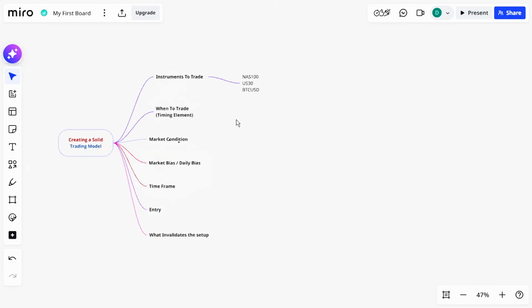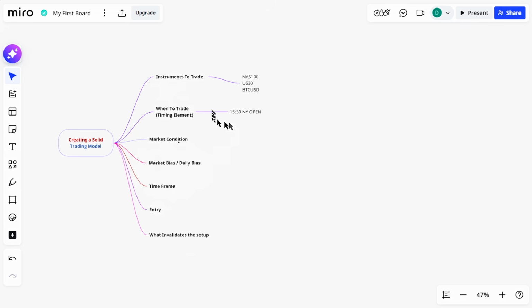That's why I said in the first place, pick instruments that you are going to stick to and understand everything about them, including the timing element, which is exactly where this part comes in. You've got to know exactly when to trade those instruments, meaning you pick the timing element that you are going to stick with. For example, I trade these instruments from 15:30 New York Open.